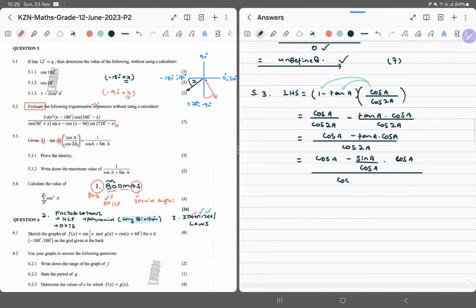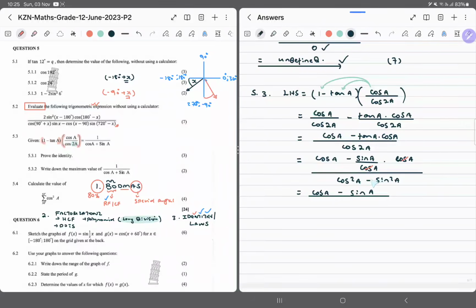We can call this one cos squared a minus sine squared a, purely because we can see in the denominator we've got sine and cos, so we might as well do it in terms of sine and cos. Now these ones are common, so they divide to 1, and 1 is invisible. Okay, so this is cos a minus sine a over.